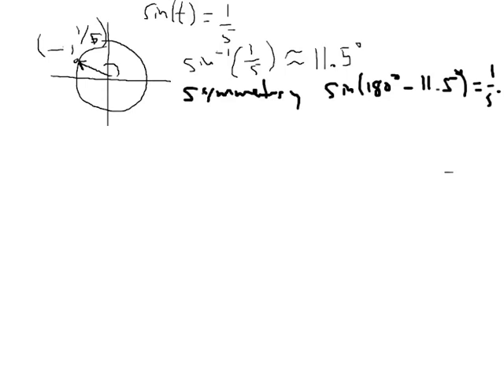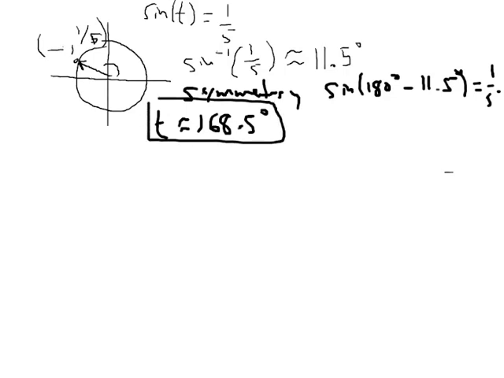And 180 minus 11.5 is the second quadrant angle. So T is approximately 168.5 degrees, a second quadrant value of T whose sine is 1/5.